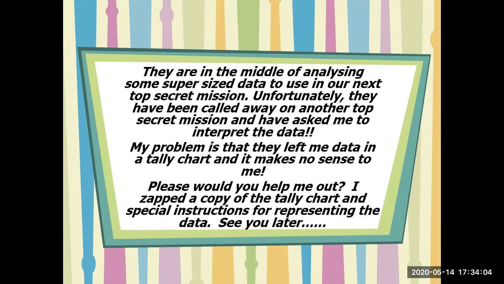Unfortunately, they have been called away on another top secret mission and have asked me to interpret the data. My problem now is that they left me data in a tally chart and it makes no sense to me. Please, would you help me out? I zapped a copy of the tally chart and special instructions for representing the data. See you later.